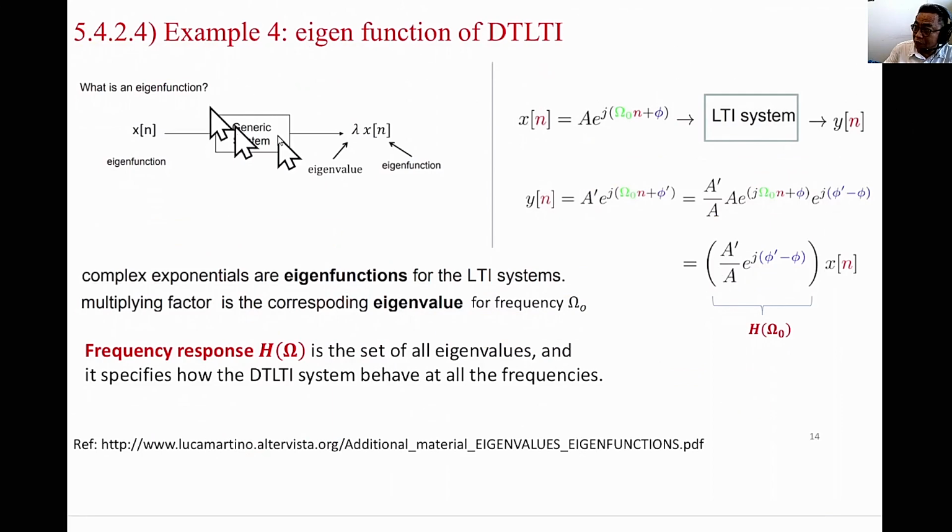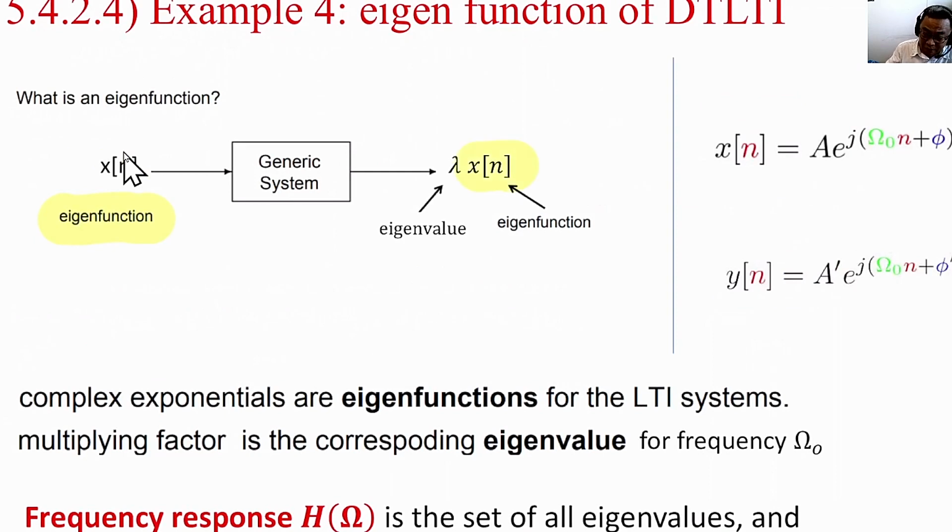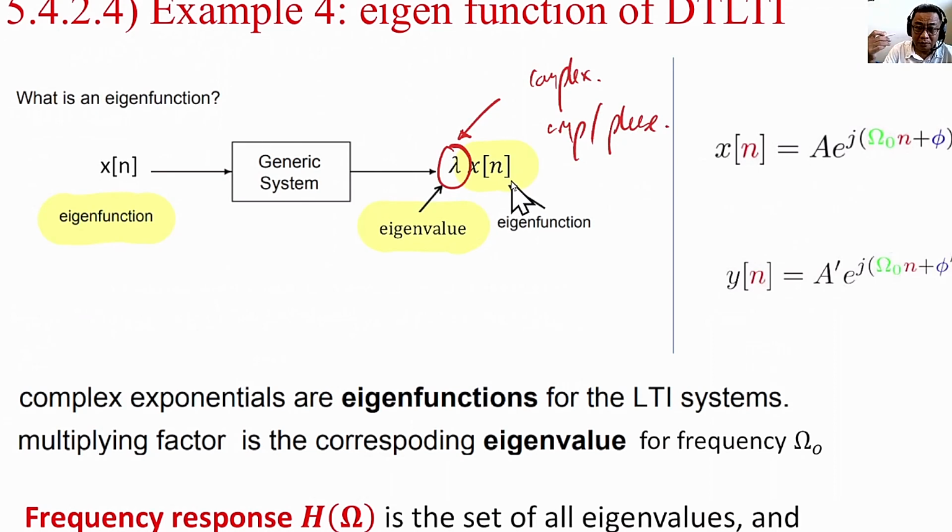The next page shows what I'm talking about. If we have an eigenfunction called x[n], then the output is the same x[n], except that it is being multiplied by, in our example, a complex number, and this complex number will change the amplitude as well as the phase of the sequence x[n]. When x[n] is the complex exponential, it has a real and imaginary part for every term x[n].